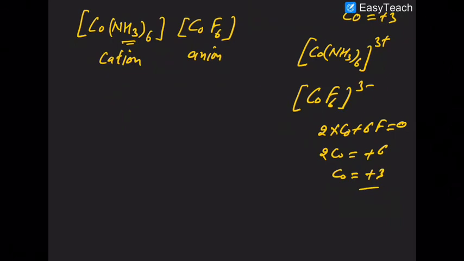Okay, sure about that? So how would you name that? In the first, cationic, the cobalt should be written as cobalt. But in the second case, cobalt should be written as cobaltate.